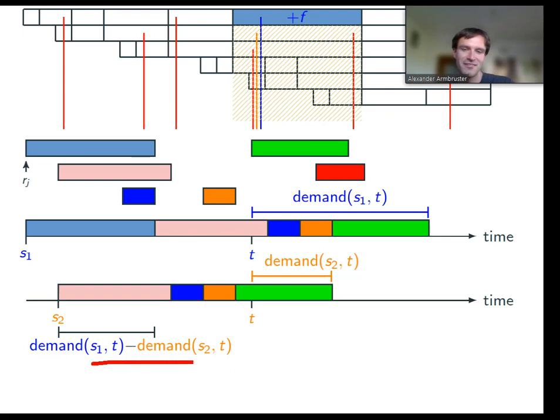And because this difference here is independent of T, that actually works. So we have only one F value for the whole region, and as this is independent of T, we can just add it to F to get the F value for the whole region.